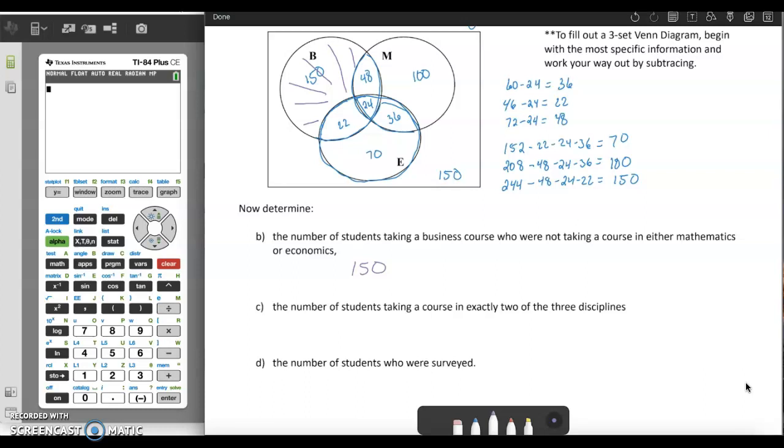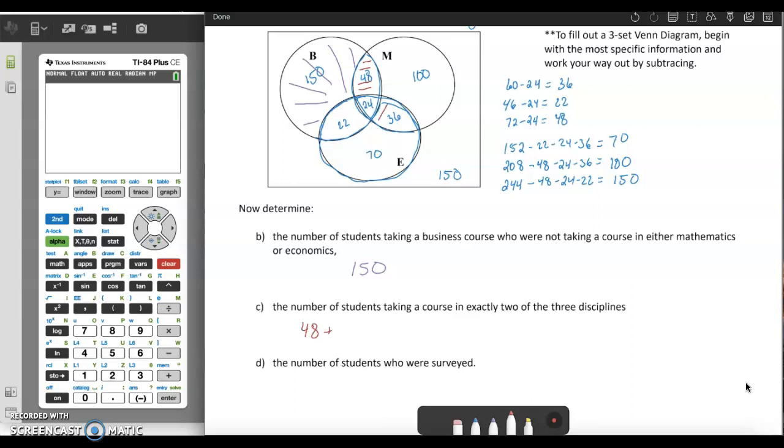How many students are taking a course in exactly 2 of the 3 disciplines? So where do we have exactly 2 overlapping? I can look at here and I can see there are 48 students who are taking just business and math, but not economics, right? So those 48 students count. They're taking exactly 2.